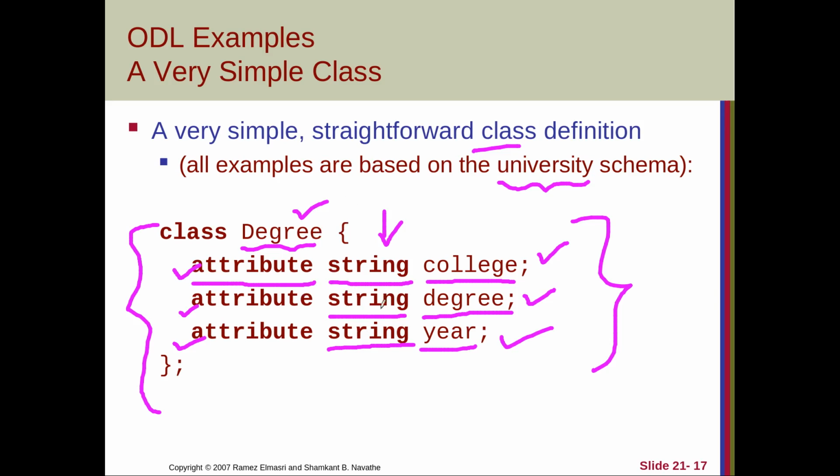In this example we have given three different attributes by using the attribute keyword, the data type and the name of the attribute, then put a semicolon at the end of each attribute. After the completion of all attribute specifications, we need to close the curly bracket, then put a semicolon that indicates the end of a class. So this is the basic syntax of a class definition in ODL language.